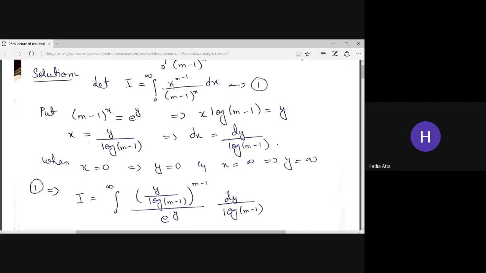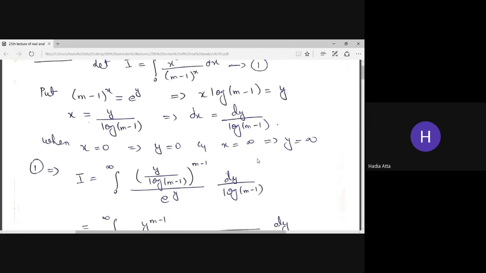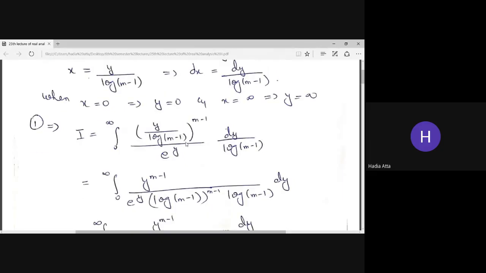Now replace x by y divided by log of (m minus 1), raised to the power m minus 1, and e raised to the power y, and dx is equal to dy divided by log of (m minus 1). If you simplify, taking the power separately on y and on log of (m minus 1), the log terms go to the denominator.